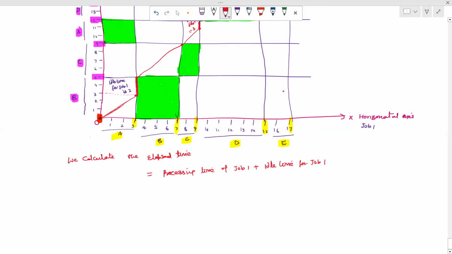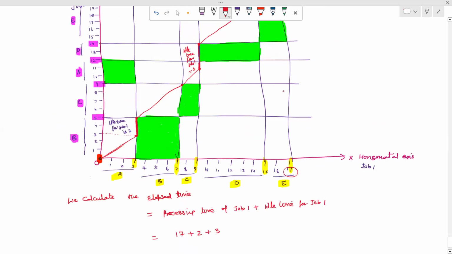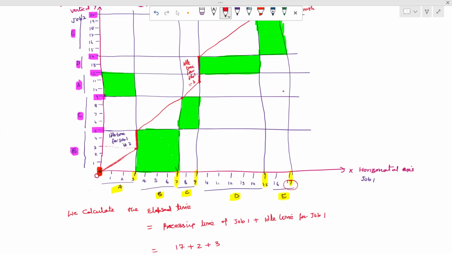So this is equal to processing time for job 1, which is 17, plus idle time for job 1, 2 plus 3. So we have in two places idle time for job 1. So this will be 17 plus 2, 19 plus 3, 22 hours. So we separately calculate the elapsed time for both the jobs.